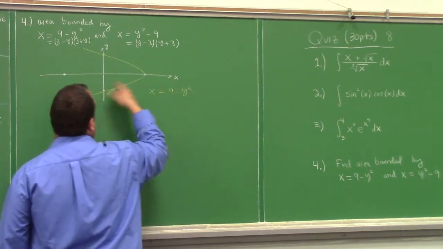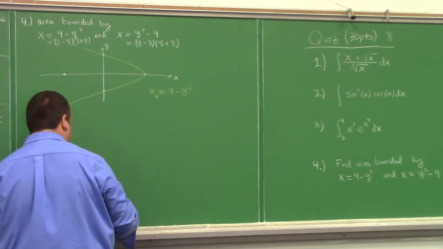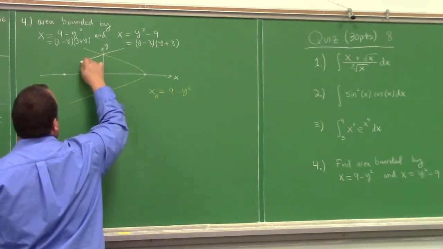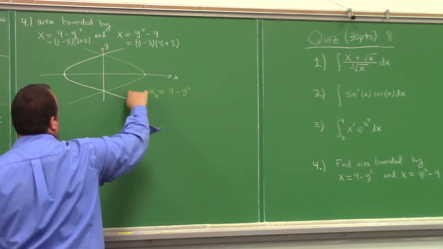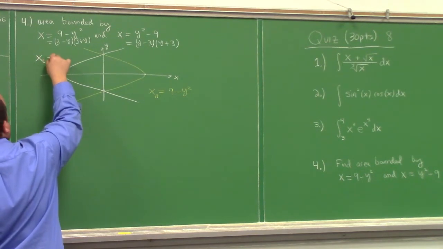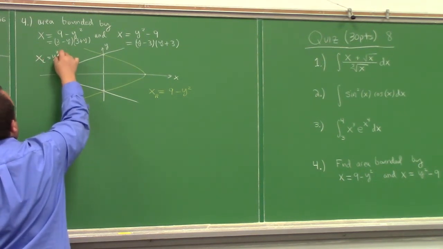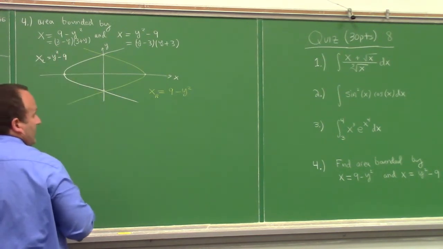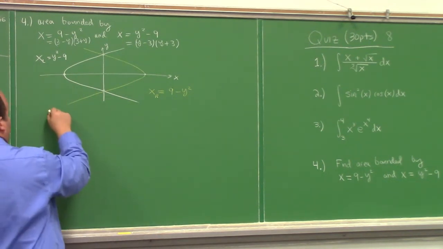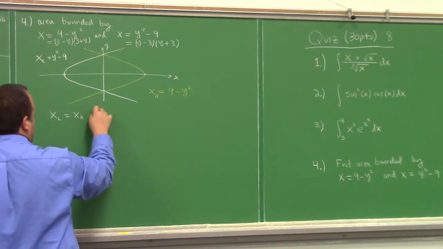And I usually say that, well, that's the right x, right? And on the other hand, this one would be the left x, XL, which is y squared minus 9. Where are the points of intersection? XL equal to XR gives us the points of intersection.